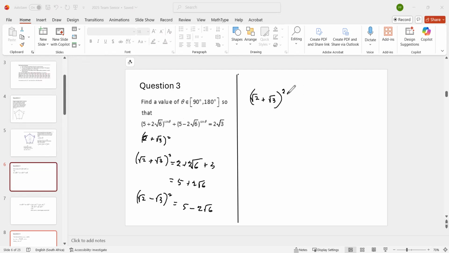So you can make 2 sine theta plus, here you have root 3, root 2 minus root 3 to the power of 2 sine theta is equal to 2 root 3.